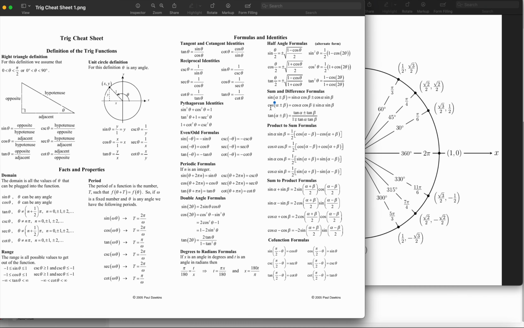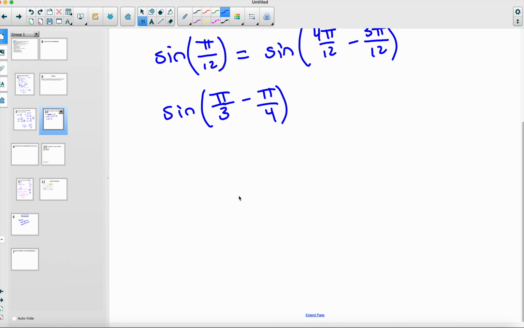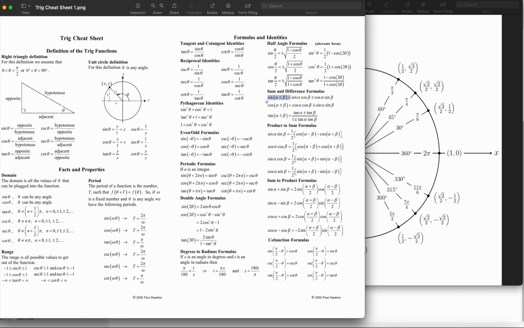Looking at the sum and difference formula for sine, I get sine, cosine, cosine, sine. This is how I like to memorize it: sine of some angle, cosine, cosine, sine. The formula for sine is sine, cosine, cosine, sine.